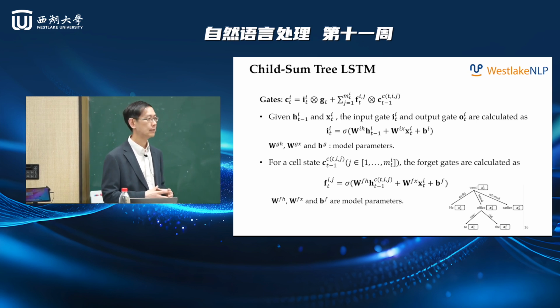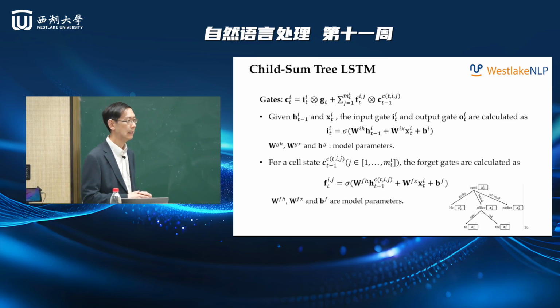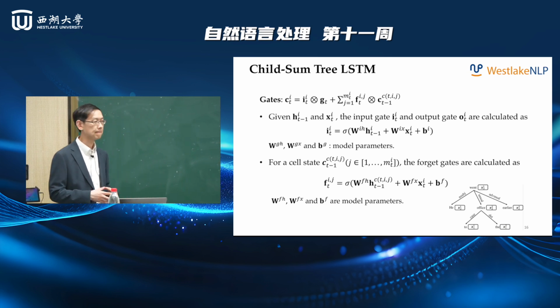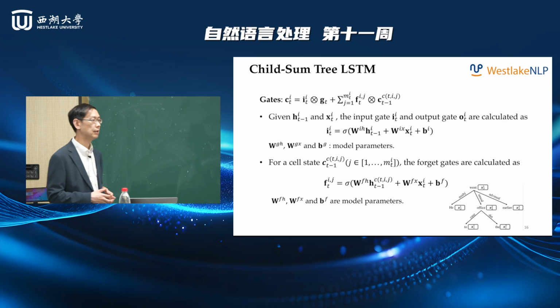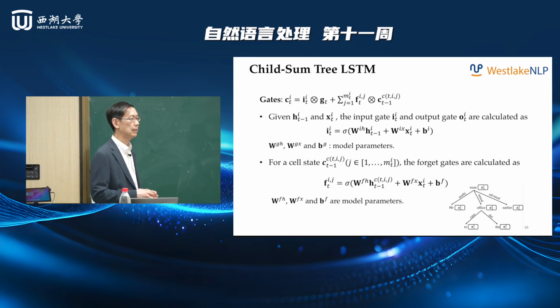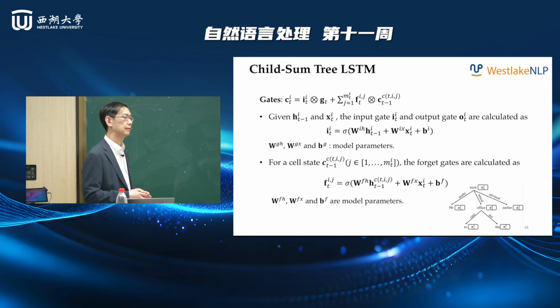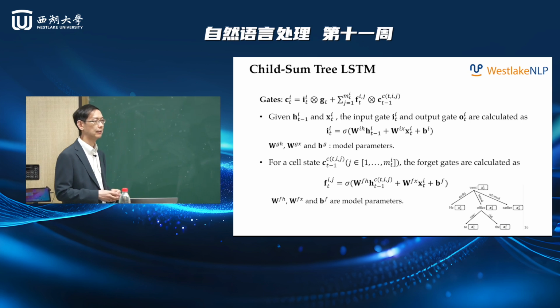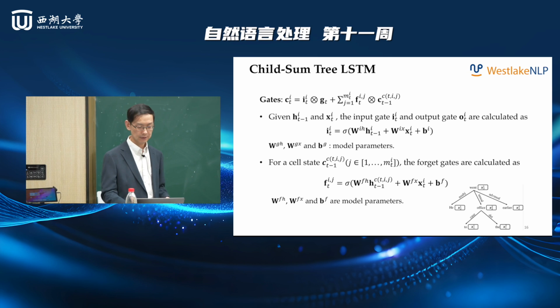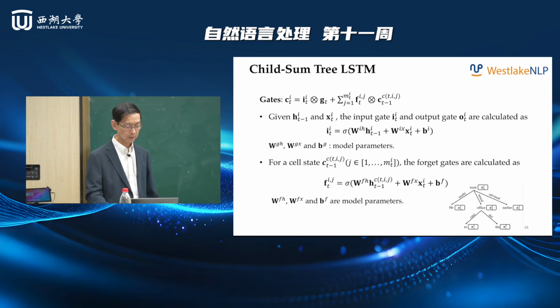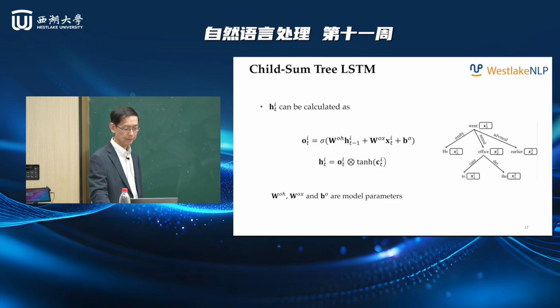So the X is still the current input, x_{t,i}. This will differentiate different children, because the gate for each child is computed using the child's hidden state. Okay, so that's the difference, and we're able to compute the cell.